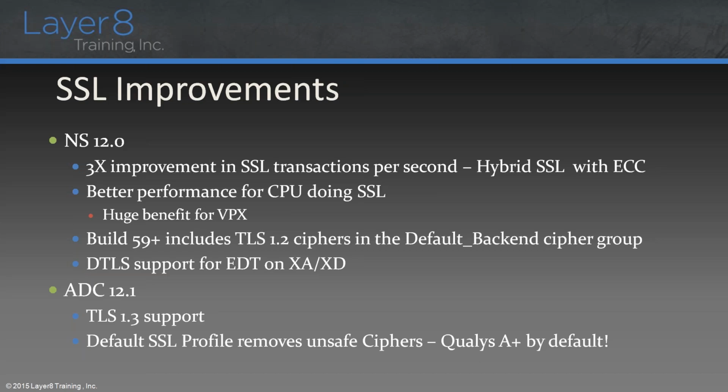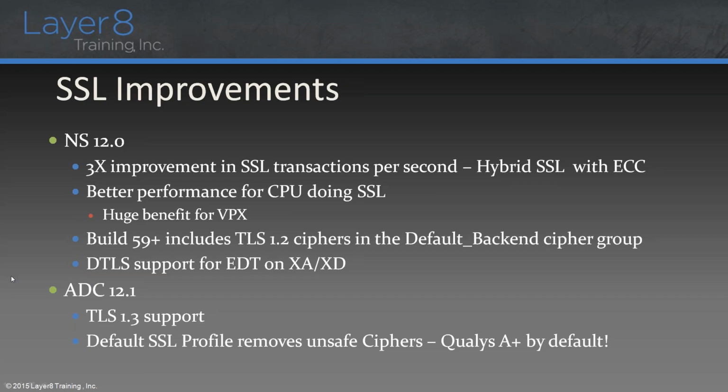Also, when we move to 12.1, Citrix jumps in and throws in support for TLS version 1.3. So not necessarily something that everybody is using. We haven't seen this in the past, but it is now a protocol that is available to us with the 12.1 NetScaler. Also, major change.